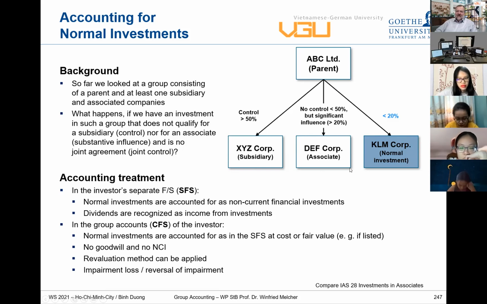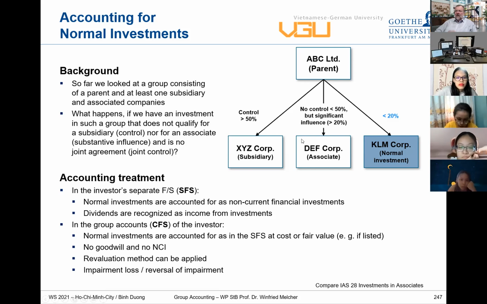They are considered to be an associate because ABC has no control. They have less than 50% of the voting rights, but they have significant influence, and therefore they will just account for DEF as an associate using the equity method, so a one-line consolidation.